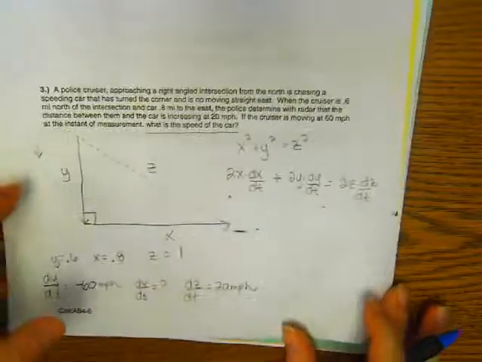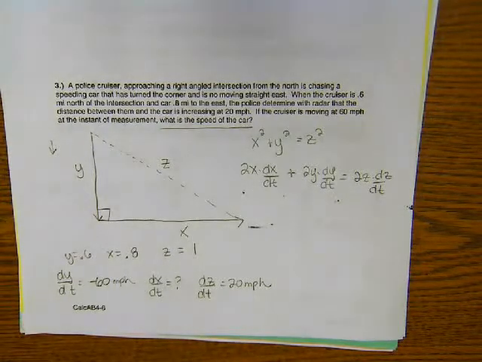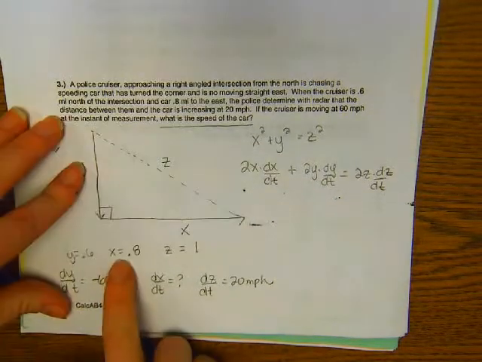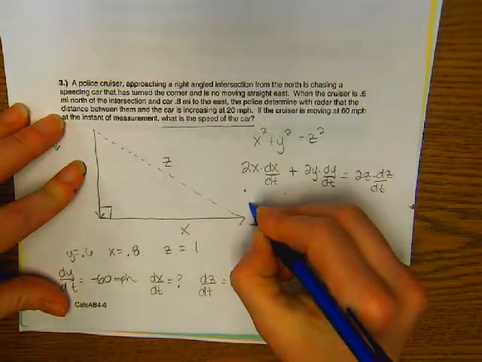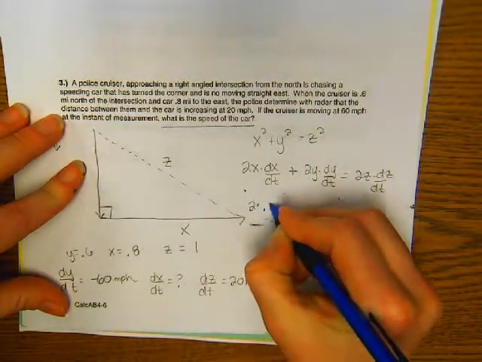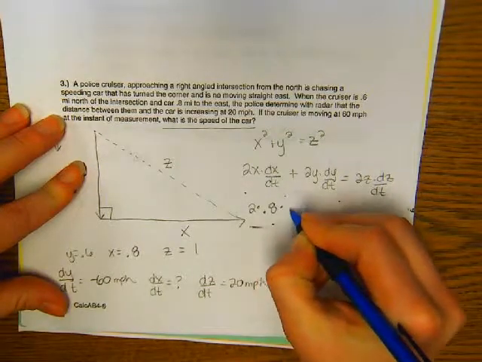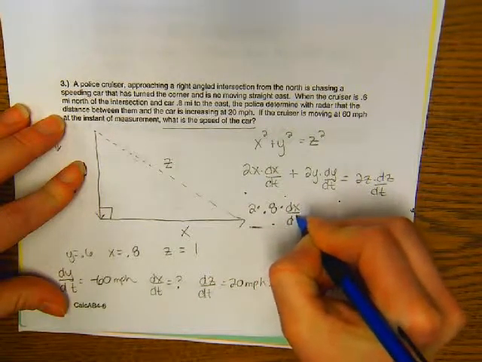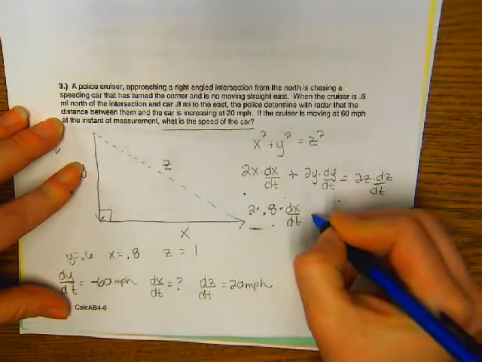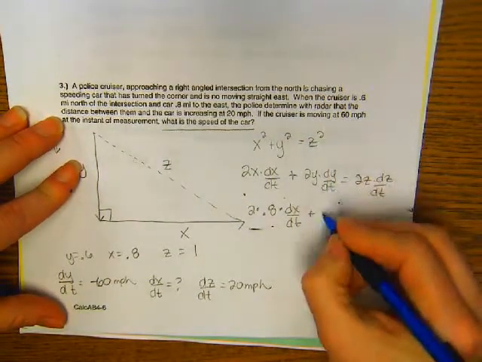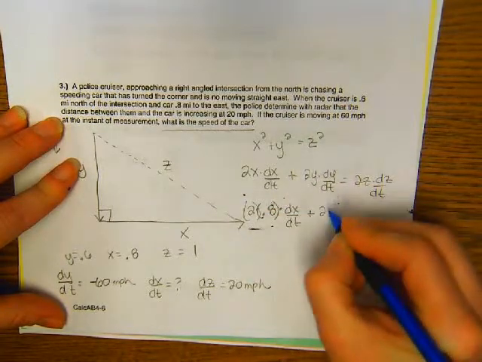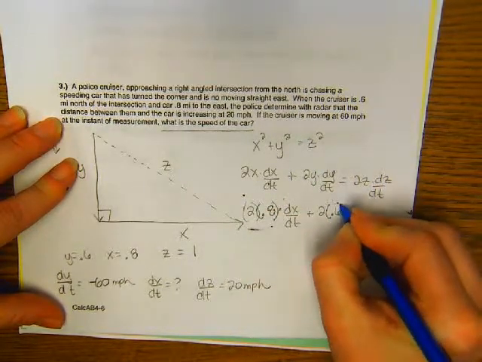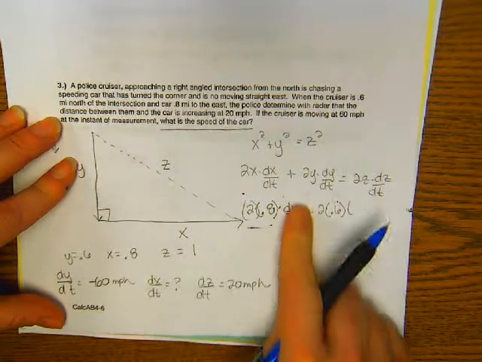And now let's plug everything in. Over here we have 2x, so we're going to write 2 times 0.8, and we do not know dx/dt, correct? Over here, we're going to write 2 times y. I'm going to use parentheses, guys. And we know dy/dt, don't we? Negative 60.